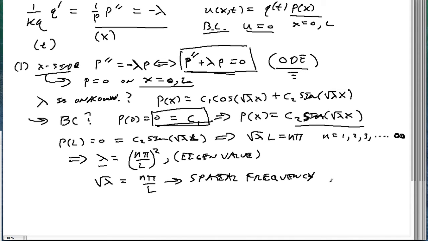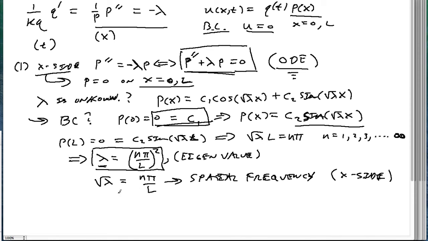That's a consequence of the fact that this is all on the x side of our analysis. Okay, so now we have a solution: a bunch of values for lambda that work.